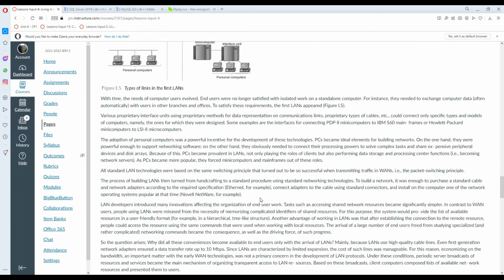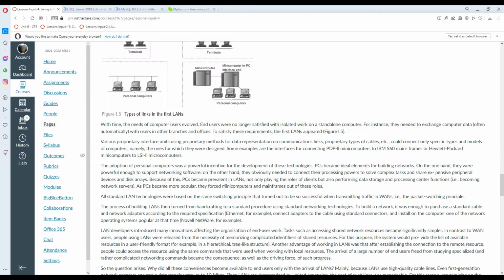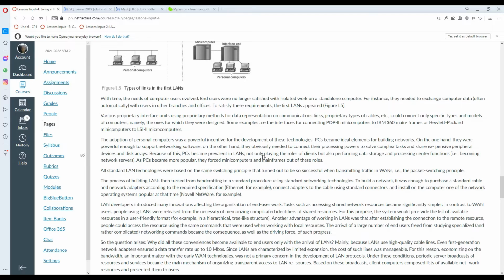Types of links. With time, the needs of computer users evolve, and users are no longer satisfied with isolated work on a standalone computer. For instance, they need to exchange computer data, often automatically, with users in other branches and offices. To satisfy these requirements, LANs, or local area networks, appeared.